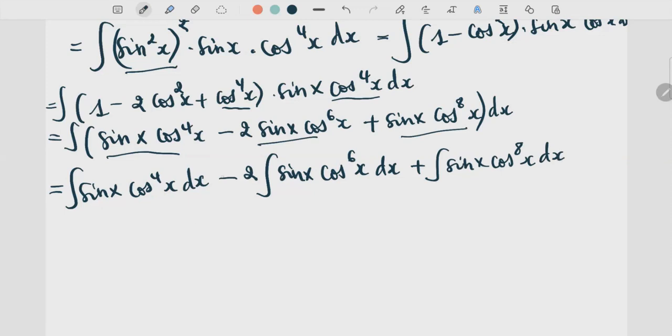Now, to evaluate this, you can use substitution again. Let's use it for the first one, and then we'll just apply the same logic to the others.